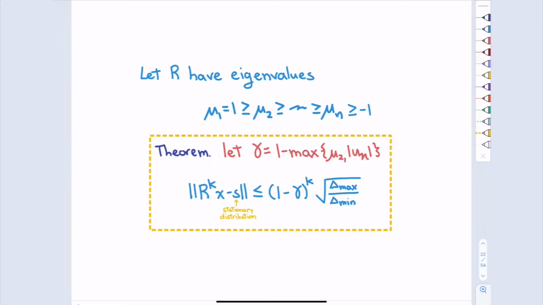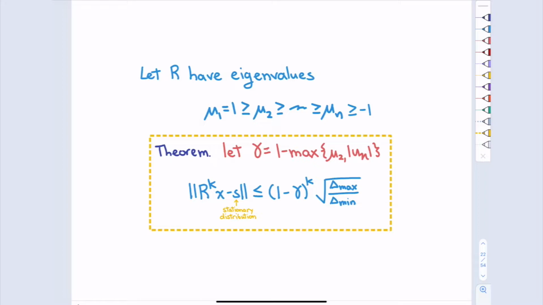If mu2 is really smaller than 1 and mu(n) is bigger than -1, that gives you a gap gamma called the spectral gap. The convergence rate is going to completely depend on the spectral gap. (1 minus gamma) to the k is also like e to the negative gamma k, so it converges exponentially fast, but it's controlled by this gamma parameter.